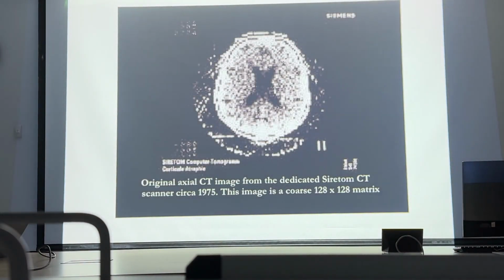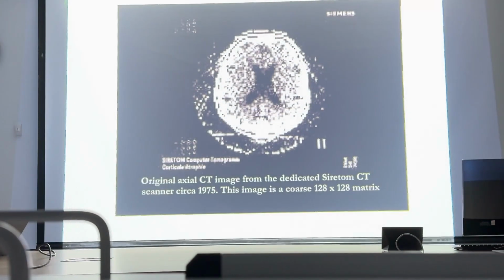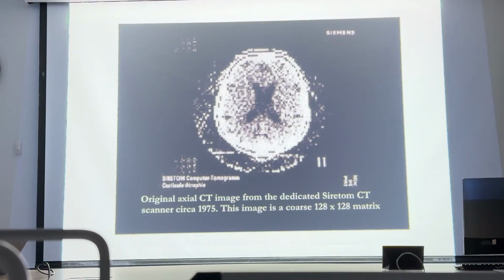And this is assumed to be the first original CT image from the dedicated Siemens CT scanner in 1975.